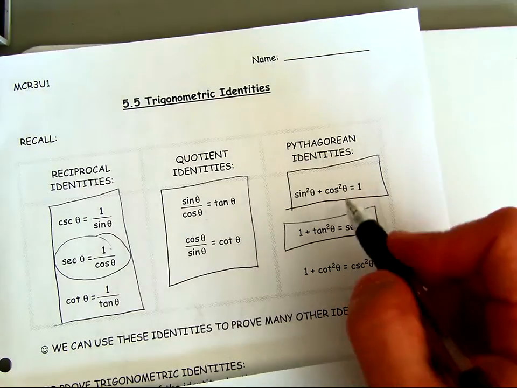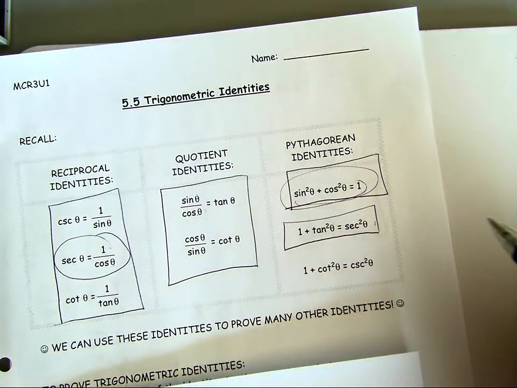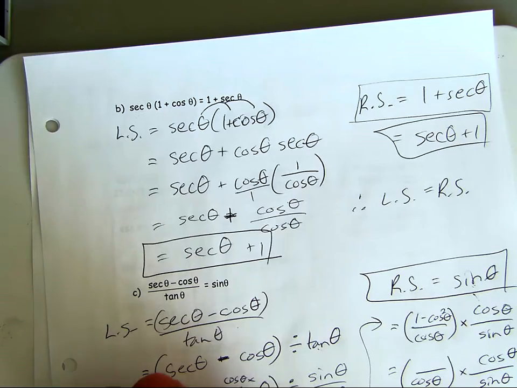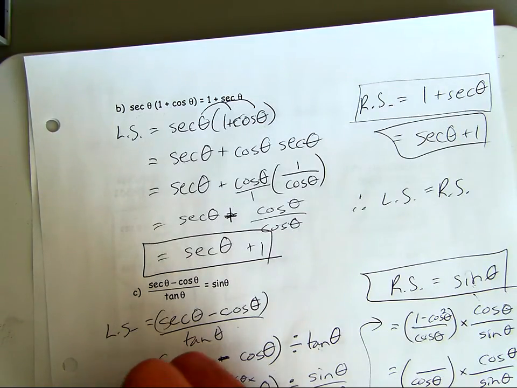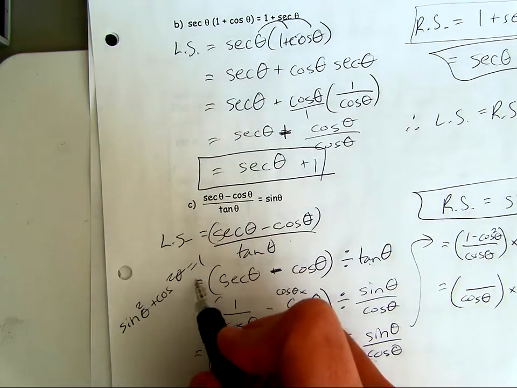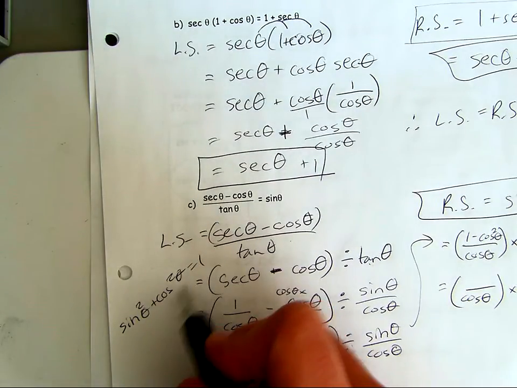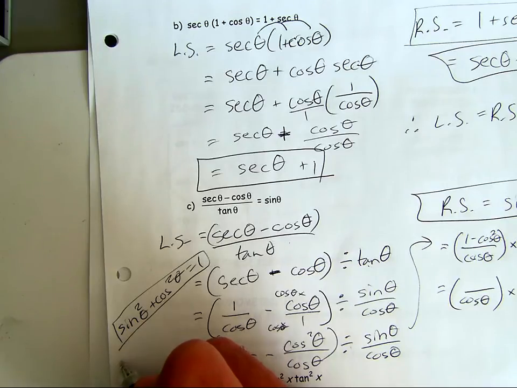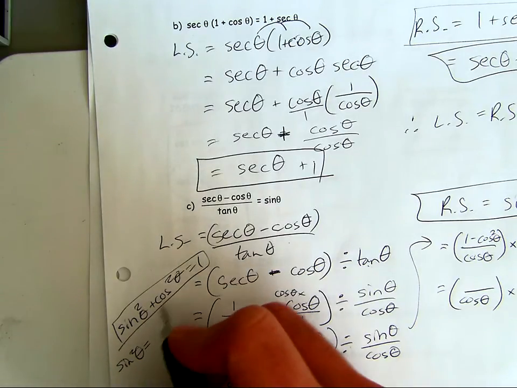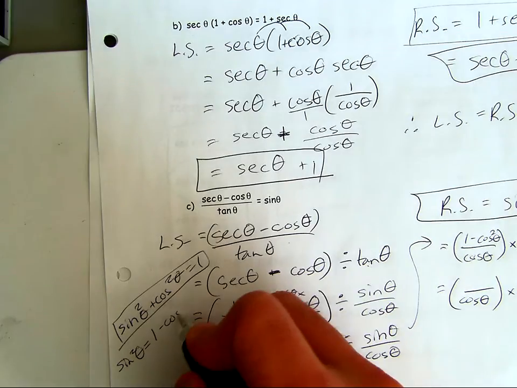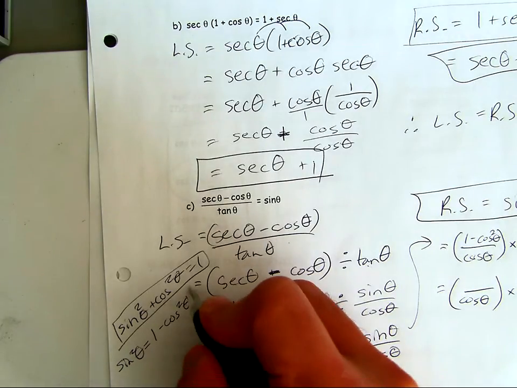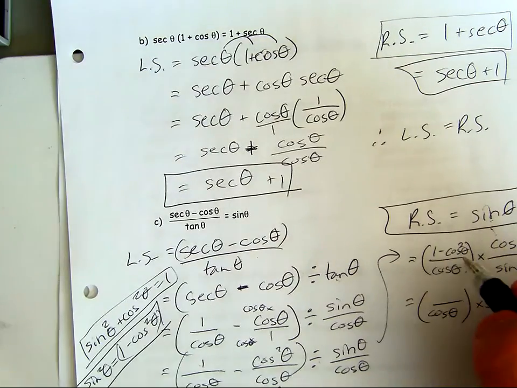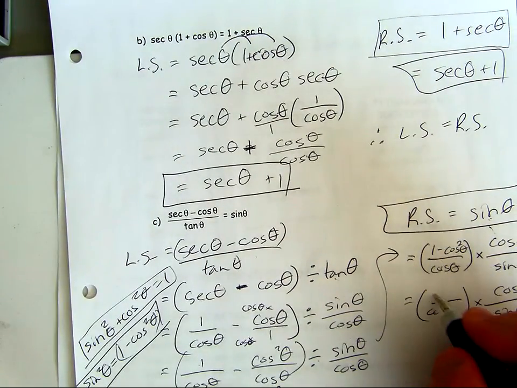From this identity right here, sine squared plus cos squared equals 1, if I rearranged this and brought the cos to the other side, I'd get sine squared theta is equal to 1 minus cos squared theta. See, instead of writing 1 minus cos squared theta up here, I'm going to write sine squared theta.